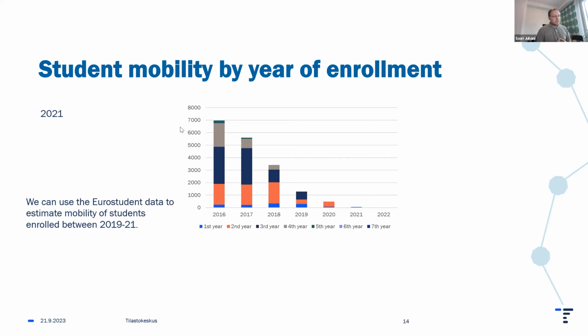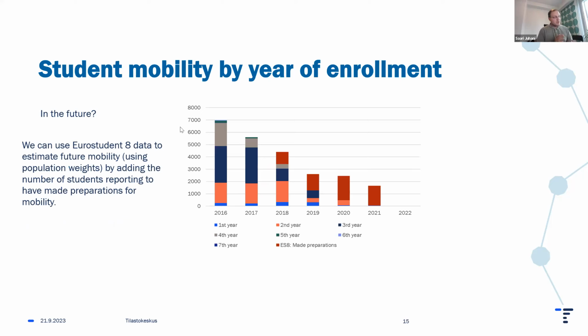And we have a representative sample of the intention of students to study abroad that were collected at the final stages of the pandemic. What we can do with the data, together with these bars that are derived from our national educational statistics, is that we can extrapolate by using the population weights in our data set to predict that these are the students' aspirations for going abroad.